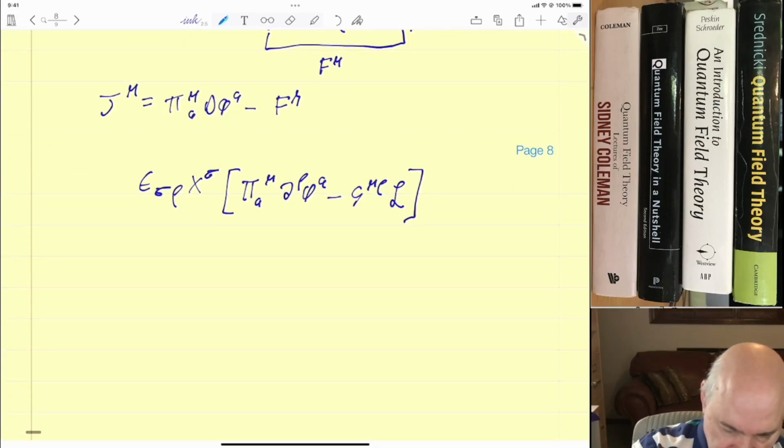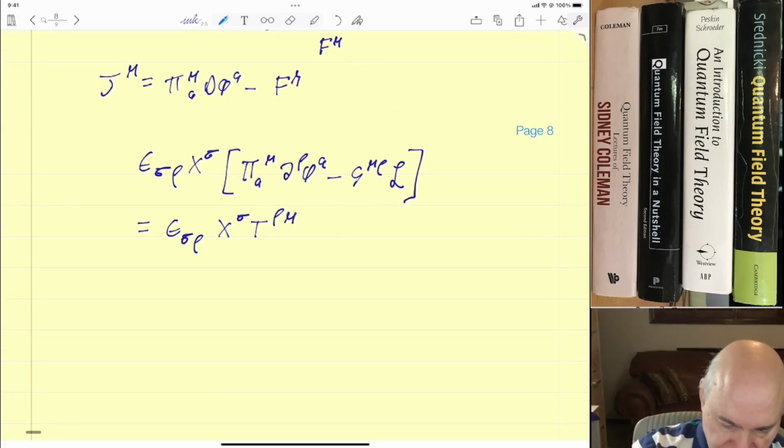If you remember our definition of the canonical energy momentum tensor earlier, this thing is just that. But we would prefer to write it a different way, because the symmetric part is usually irrelevant. Because epsilon is anti-symmetric here, the symmetric part of this object, whatever it is, is irrelevant.